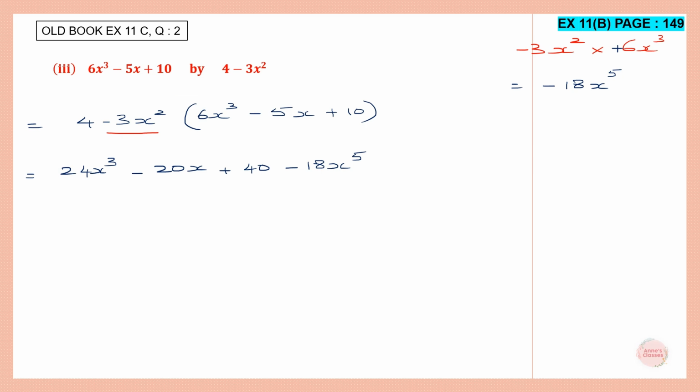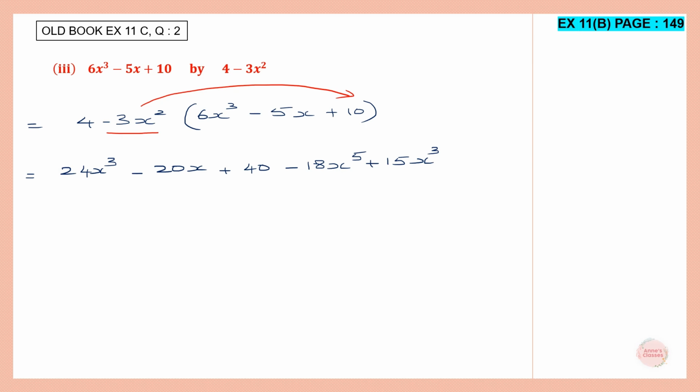Now let's multiply with the next term, that is minus 5x. So minus 3x square into minus 5x. Minus into minus is plus. So that is plus 3 5s are 15. X to the power of 2 into x is x to the power of 3. So plus 15 x to the power of 3. Now minus 3x square into 10.